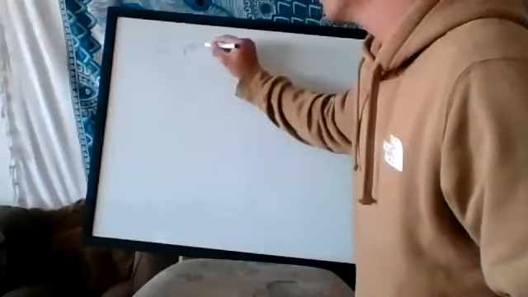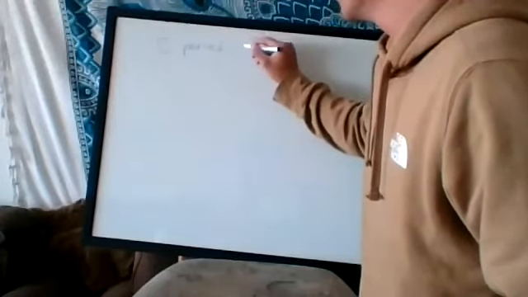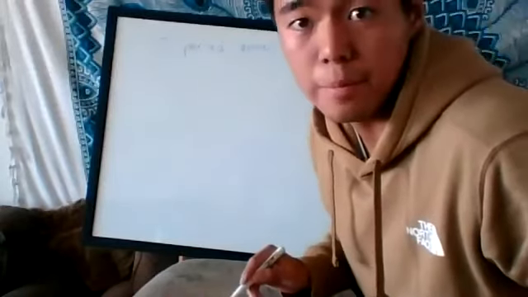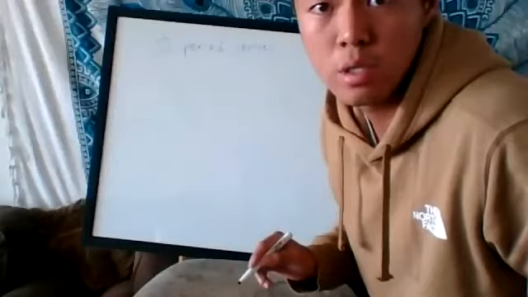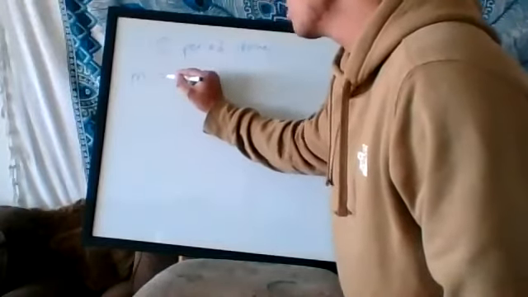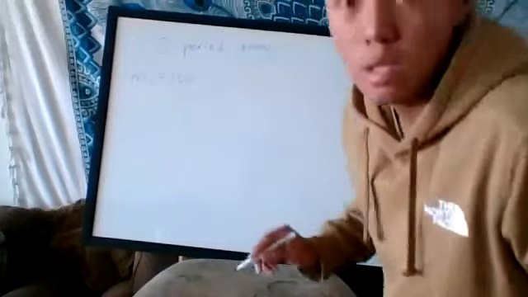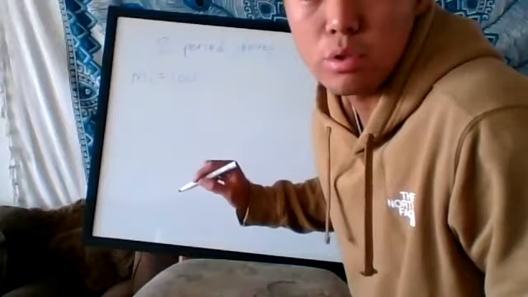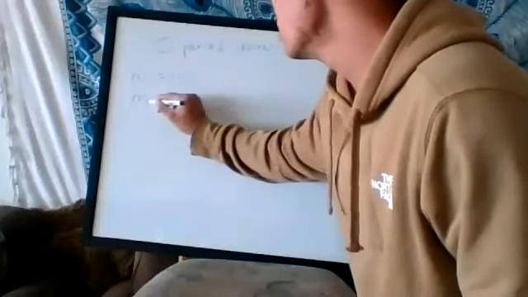So, a 2 period journey. They have M1 equal to 100. M2 is equal to 0.